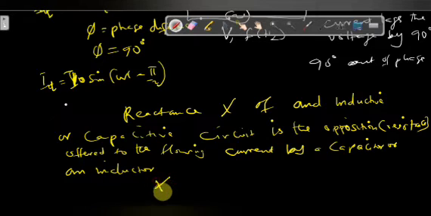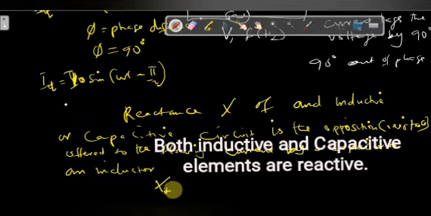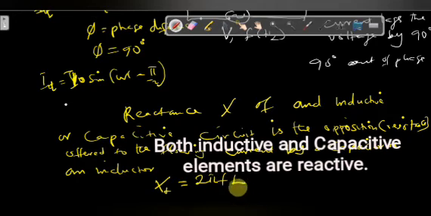So for an inductor, the reactance is XL, and that will be equal to 2 pi FL.